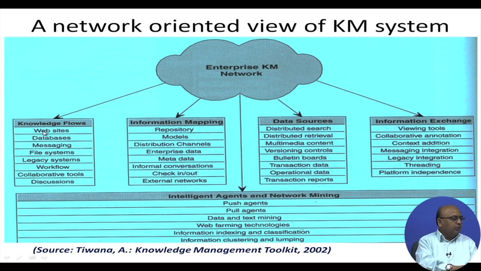This talks about how the knowledge flows, okay, through websites, databases, messages, file systems, legacy systems, workflows, collaborative tools and discussions. So, these are the tools through which the knowledge flows from the enterprise knowledge management system to different stakeholders, right, through different means.